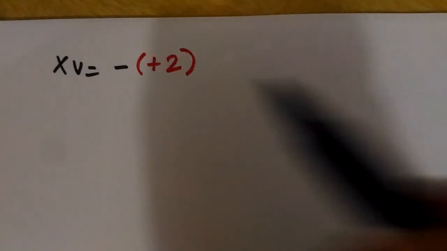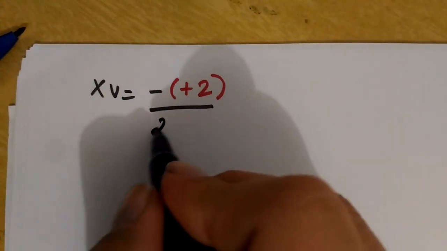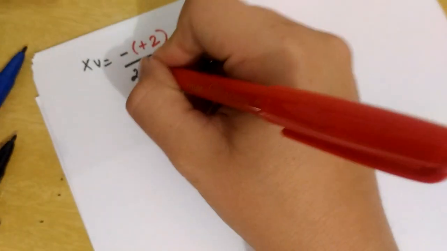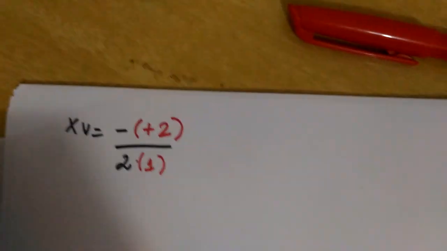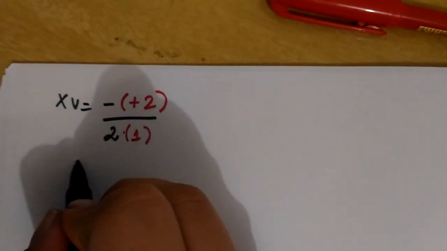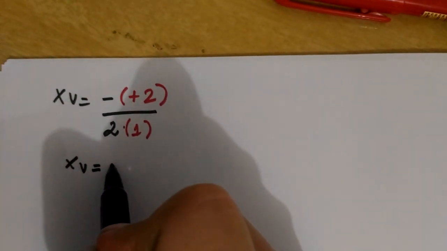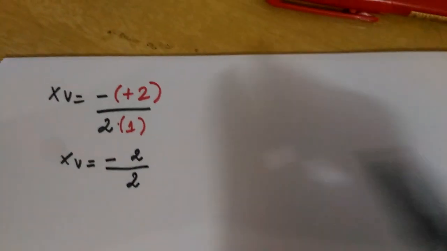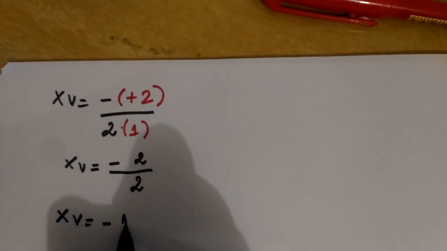Remember to use parentheses. So over 2a. Who's A? In this case, my A is 1. Now the x vertex is going to be negative 2 over 2 times 1, 2. Can I leave it like this? Let's simplify.